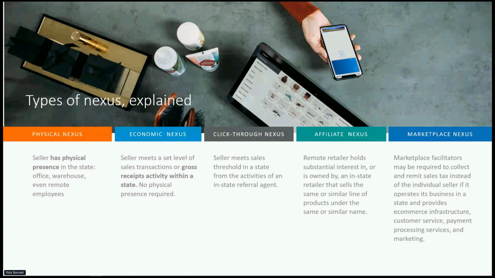Hopefully your CPA firm is what we call a SALT practice, which is state and local tax. If they're not, Avalara will be more than happy to help you out and identify what your exposure might be in these states. If you register in a state and you have a large liability, then you're going to have to pay that liability to the state.